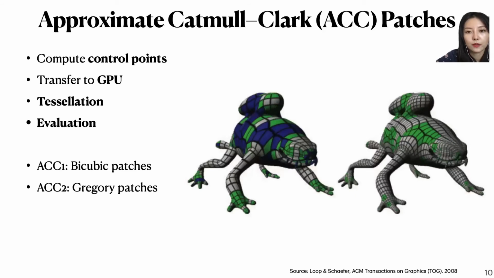We borrow several techniques and ideas for real-time approximation of Catmull-Clark surfaces using hardware tessellation. Patches used in these techniques are called Approximate Catmull-Clark patches. I will call them ACC patches for short. Prime examples of approximation schemes are ACC1 using bicubic patches and ACC2 using Gregory patches.